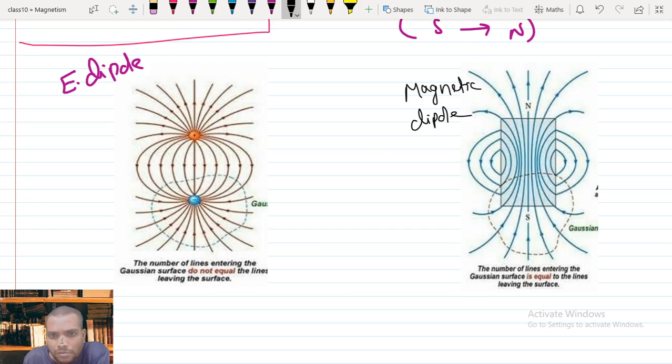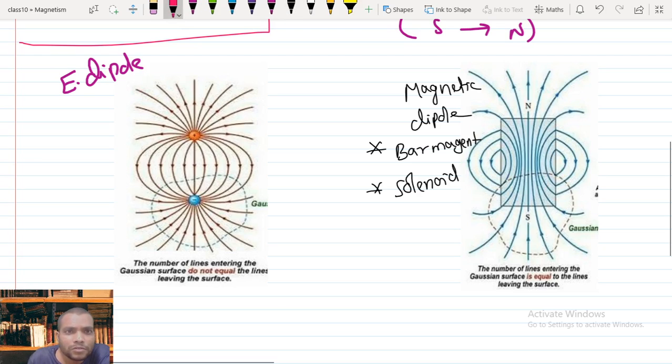So magnetic dipole is equivalent to a bar magnet, which is also equivalent to a current carrying solenoid. This electric field lines properties we studied for charges, and the same properties, when it comes to magnetism, turn into magnetic field lines.